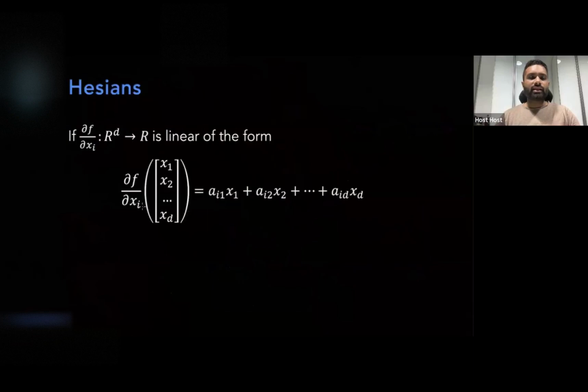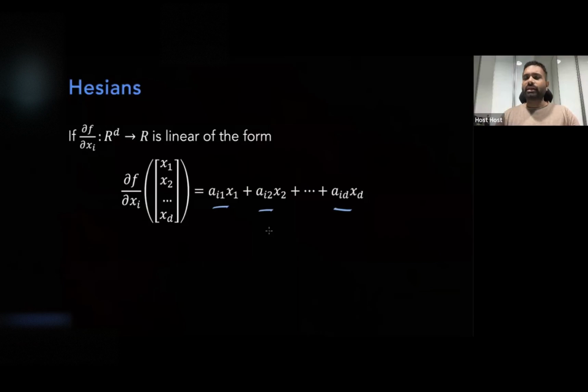So I'm assuming a particular form of linear function. So del f by del xi is taking a certain value, where the variables are x subscript 1, x subscript 2 up to x subscript d. And the specific linear form it has is ai1 multiplied by x1, ai2 multiplied by x2, up to aid multiplied by xd. So I'm assuming this form.